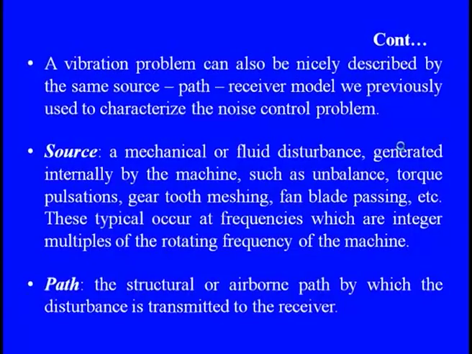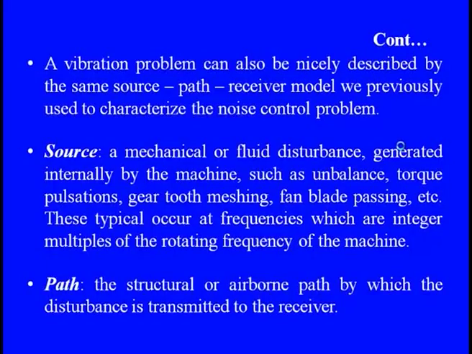All these are ways through which vibrations are generated, and these typically occur at frequencies which are integer multiples of the rotating frequency of the machine. So these are the potential causes in the devices through which the vibrations are generated.